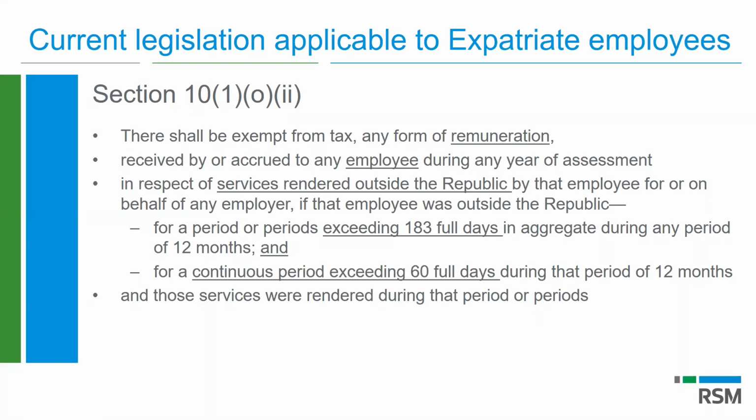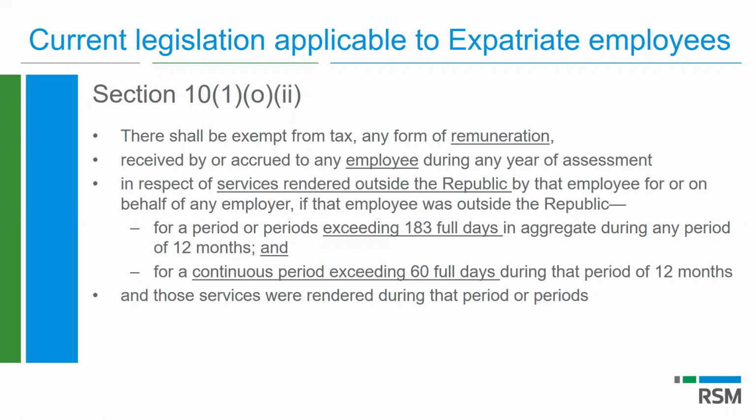Moving on, it must be in respect of services that are rendered outside the Republic. And those services outside the Republic must meet a fixed days count criteria. So this individual must be outside of South Africa for a period exceeding 183 full days in any rolling 12-month period. And within that period that you've been outside the country, there must be a continuous time period outside the Republic exceeding 60 full days.